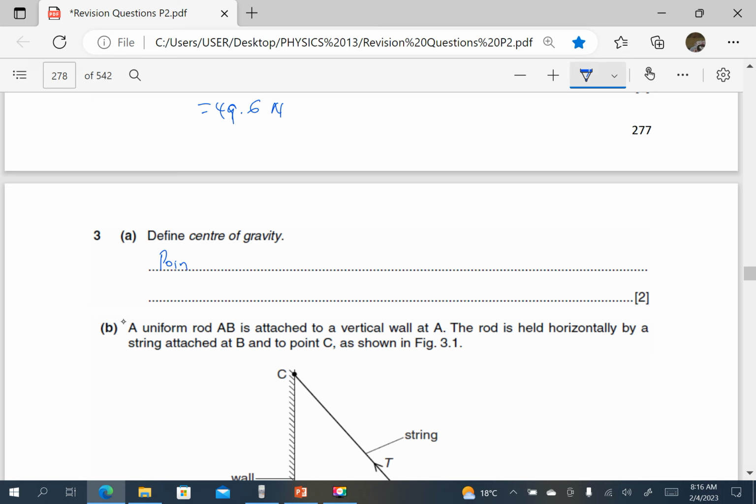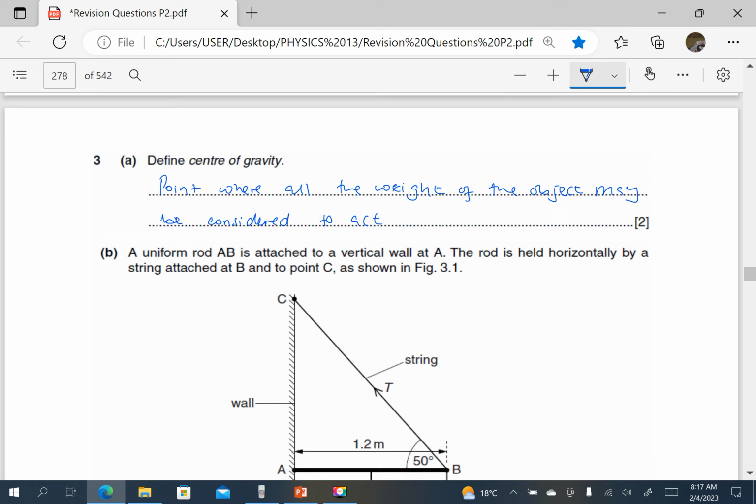That is the point where all the weight of the object may be considered to act. That is center of gravity, the point where all the weight of the object may be considered to act.